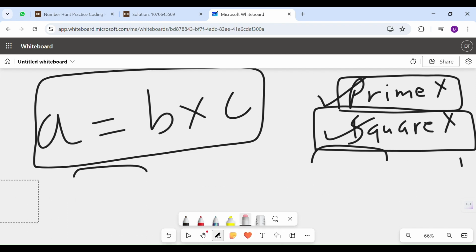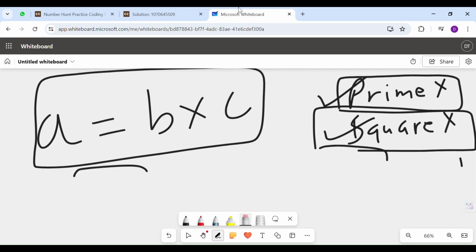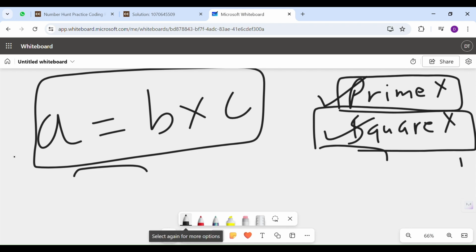So now we just need to find two prime numbers greater than or equal to x and multiply them, because you need the smallest positive integer y. So you will choose the smallest two prime numbers available.